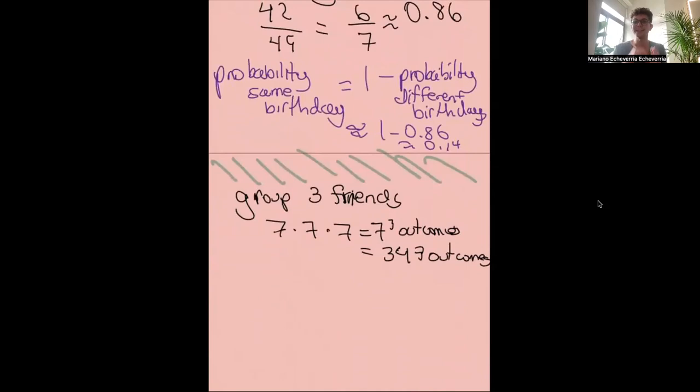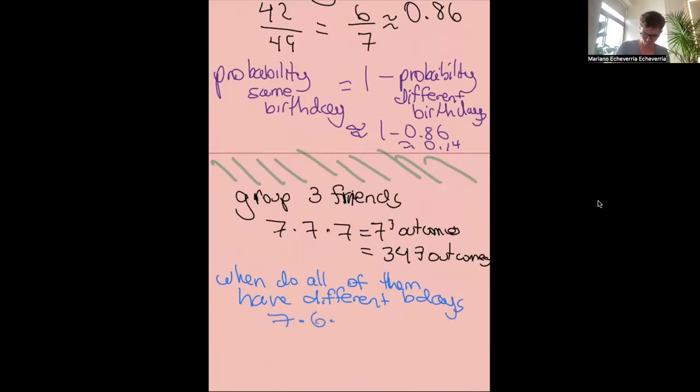And what's the probability that all of them have different birthdays? When do all of them have different birthdays? Well, it would be 7 times 6 times 5. Is that making sense? And that's 210.